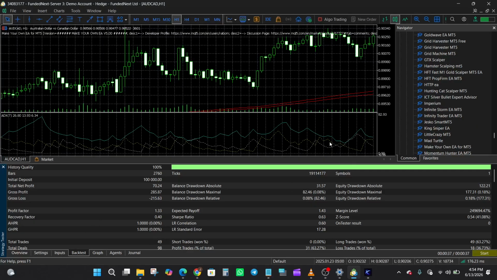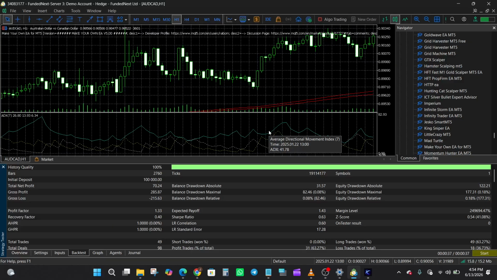Okay, so because this EA is essentially a strategy building framework, the backtest is evaluating not only the software itself, but also the trading logic selected by the user. So this is one of those systems where optimization plays a major role. In fact, the developer specifically highlights optimization as a way to discover effective parameter combinations for different assets and time frames.